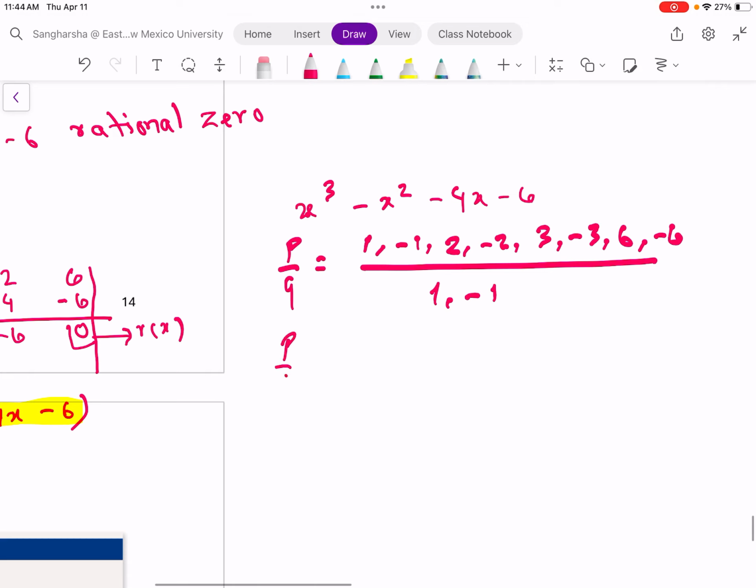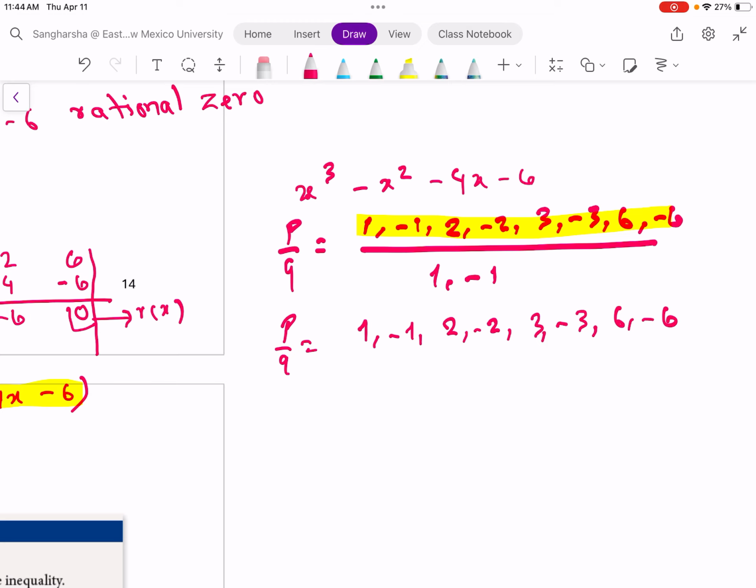So our p over q is whatever we have in the numerator: 1, -1, 2, -2, 3, -3, 6, -6. You are not required to show all these, okay? Unless you are asked to find the rational 0s, you are not required to write it down. If you can do this in your head, yes, you can do it. But you are not required to write it down.